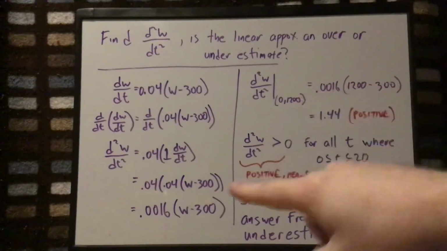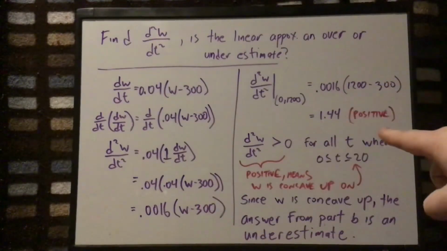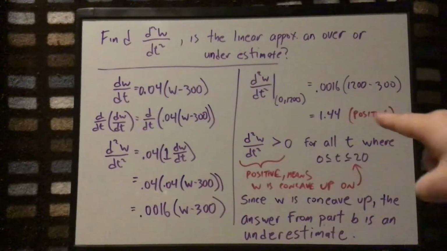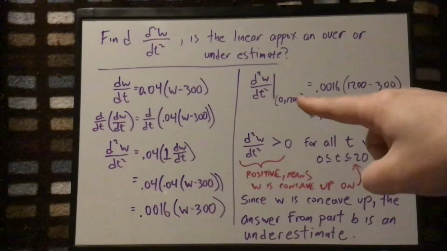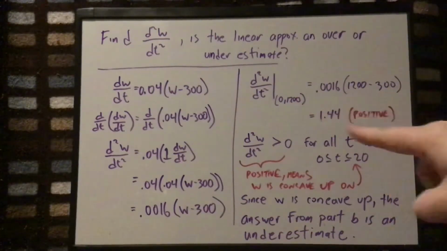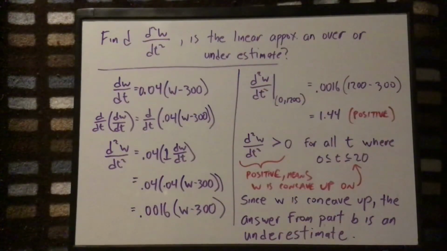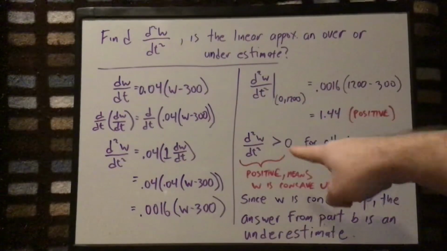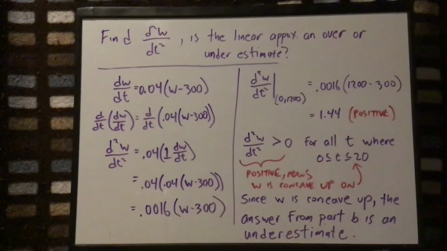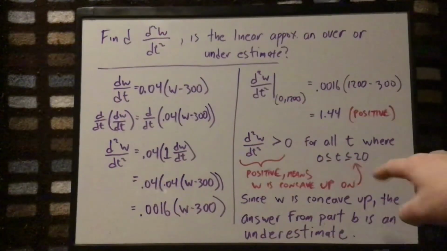So what that means for this equation is that since the 1,200 version was positive, in every number after that, all of the waste values after time 0 are bigger than this, that means this will always come out as a positive number. So I basically noticed that and wrote that this gives me enough information to know that the second derivative is always positive for all the t values on the domain where this is defined.